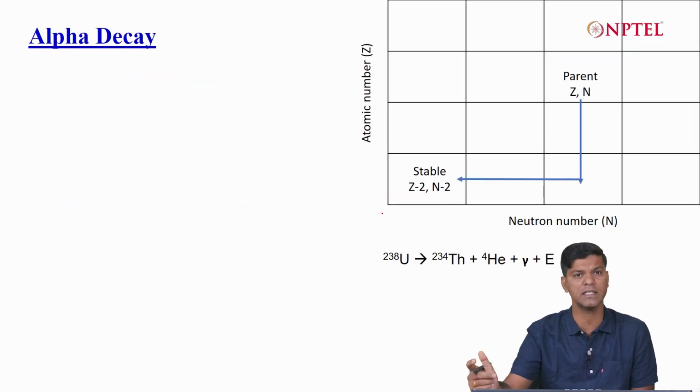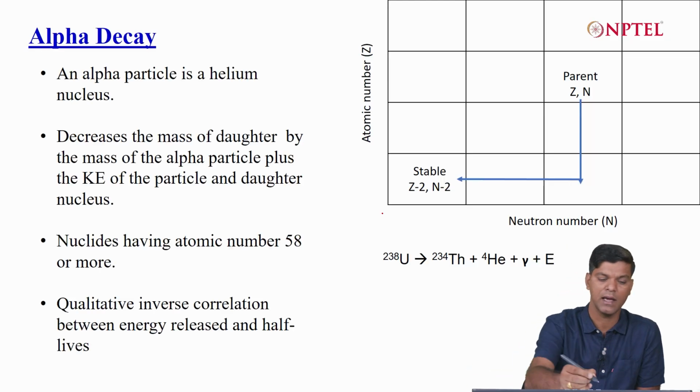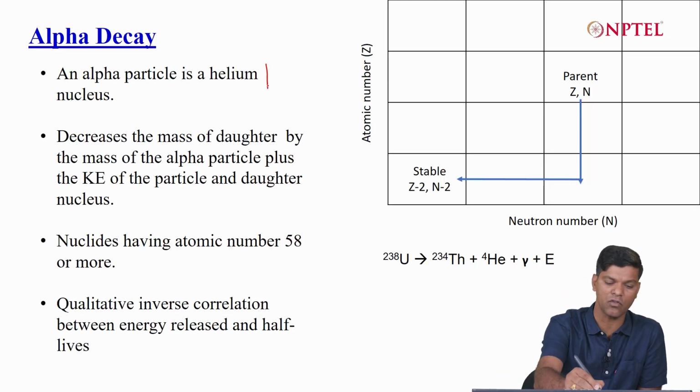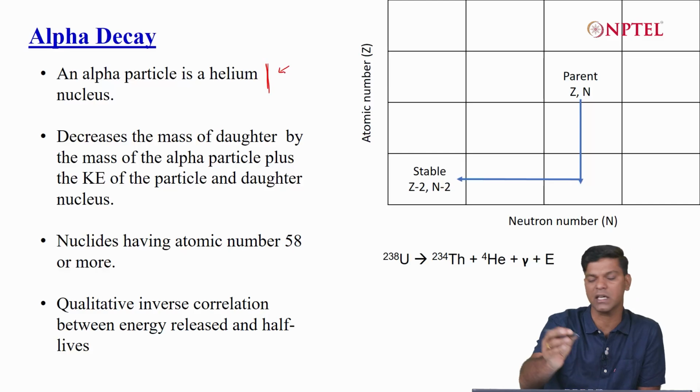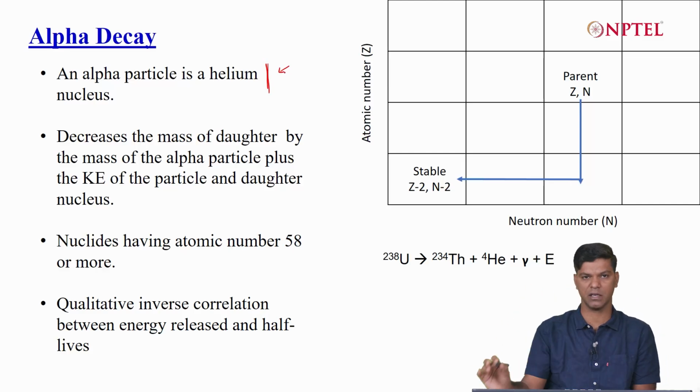The other decay mode is alpha decay. Now, what is an alpha decay? It is basically a release of an alpha particle, which is nothing but a helium nucleus.